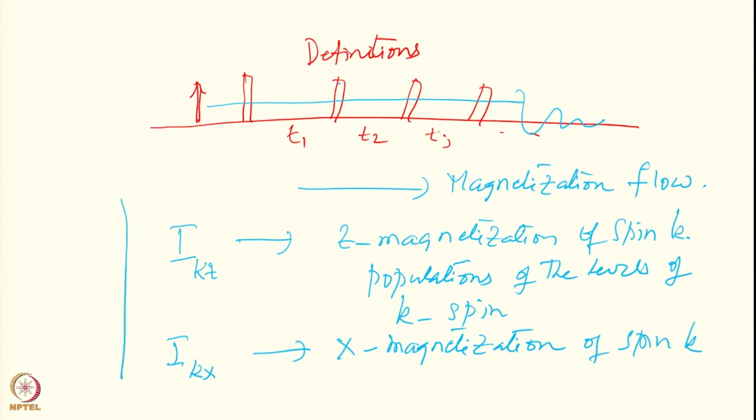For all of these, we are talking about spin half systems, for all K, L and so on, whatever label we use. I have used K to identify the spin K. I can use L, M, P, Q, R, whatever; they all indicate different spins and they are all spin half systems. We need two different symbols here. Similarly, IKY would imply Y magnetization.